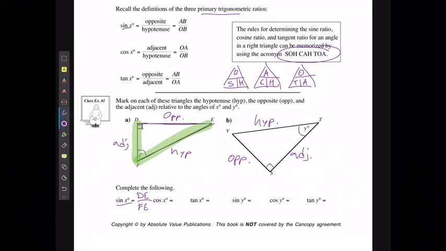So I'm going to call that df over fe. And lastly, the tangent is going to be the opposite, de, divided by the adjacent, df.